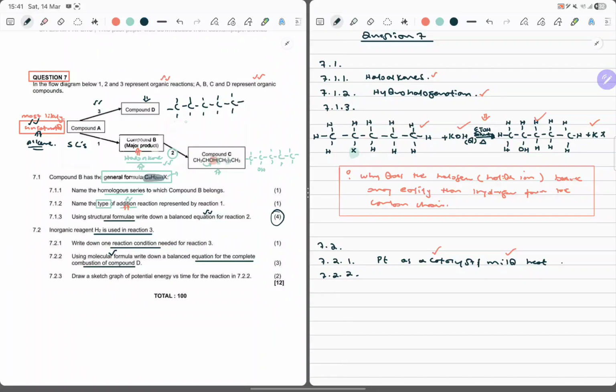So you know the general formula, CnH2n plus 2. Guys, take advantage of these things instead of counting physically how many hydrogens there are. Use the formula. So this is C5H2, that would be 10 plus 2, that's 12, right?